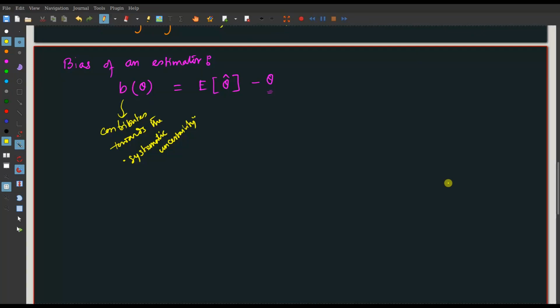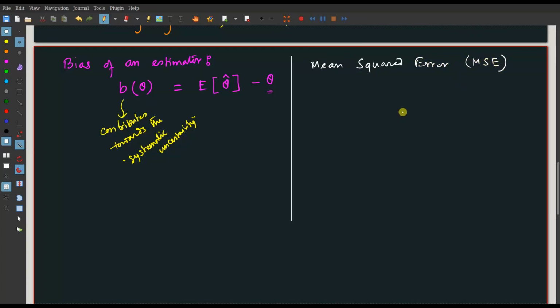So for that case, when it comes to the compromise, people usually define this quantity called the mean squared error. Okay, and it is sometimes called the MSE.